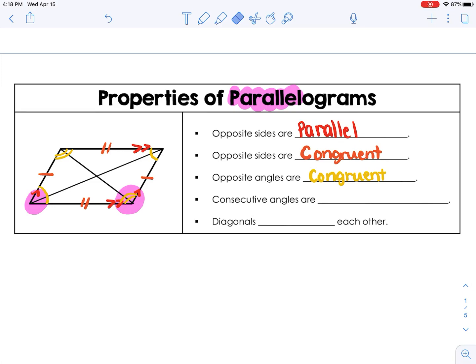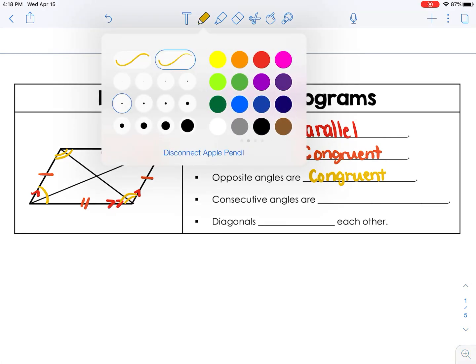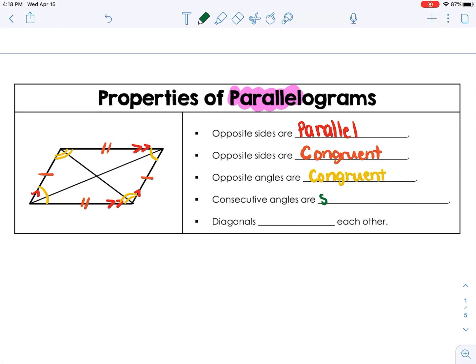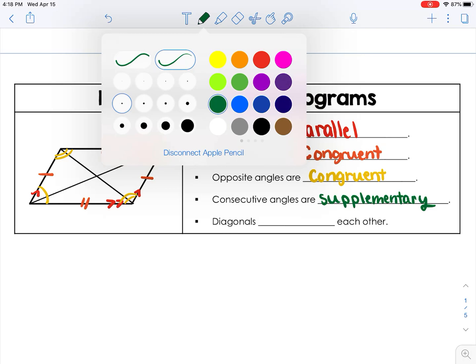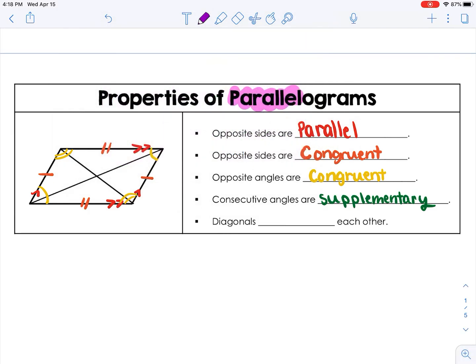We know they're not congruent because this one is acute, the other one is obtuse. Those consecutive angles are supplementary. That means they add up to 180. So, those add up to 180.